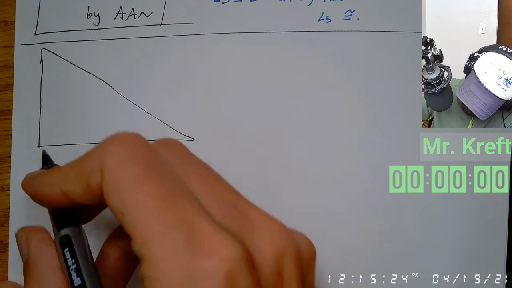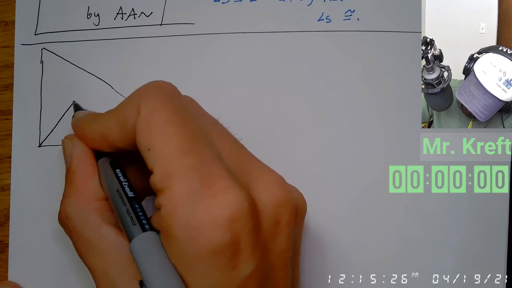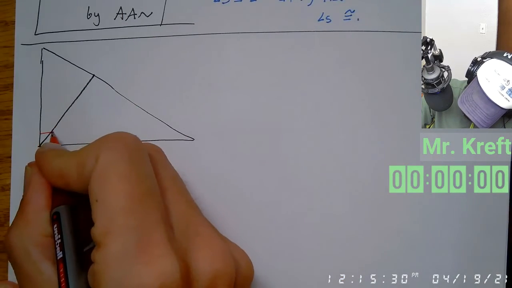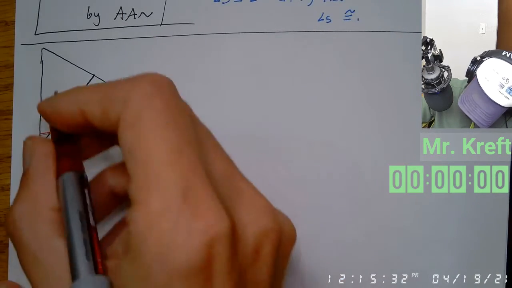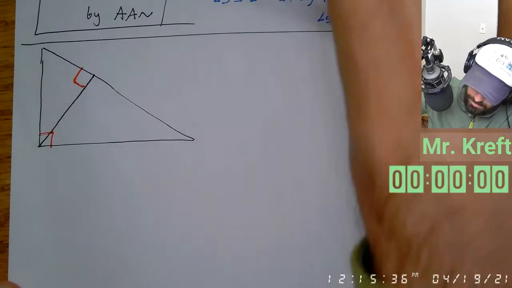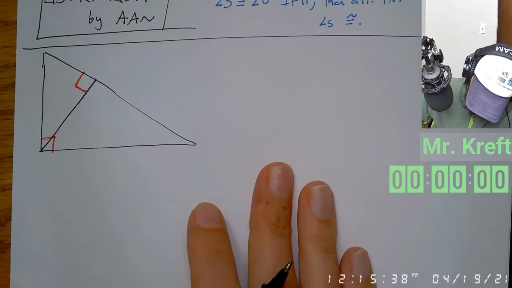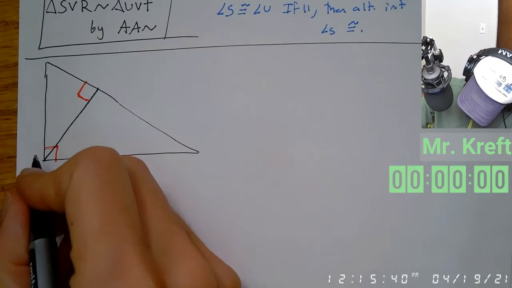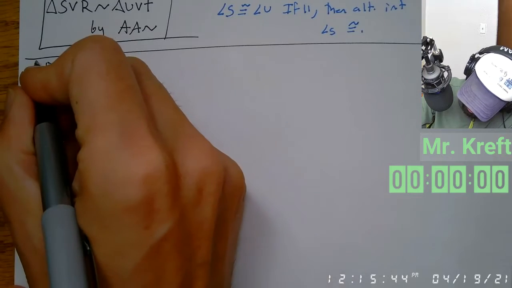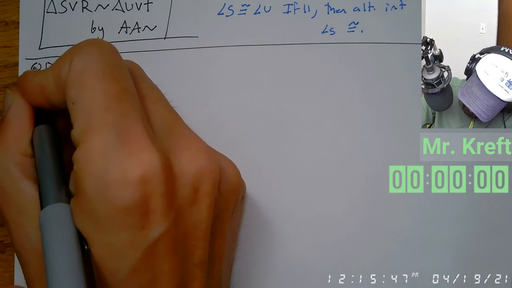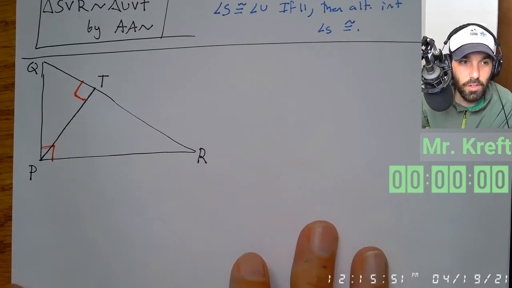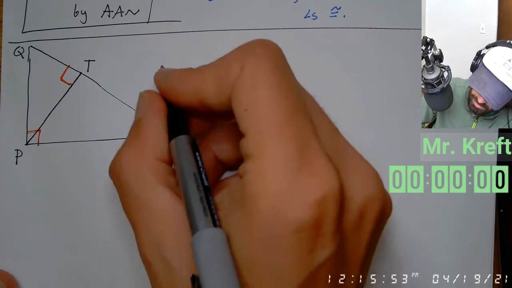Okay, and then we're going to have this. Okay, and there's going to be a 90-degree angle here and a 90-degree angle here. And we're going to label this as P, T, Q, and R. And this is a little bit of a challenge problem.